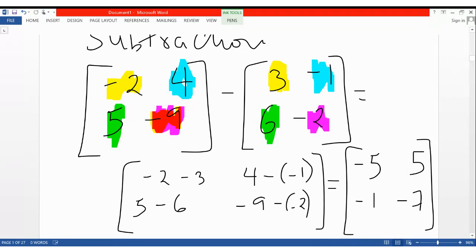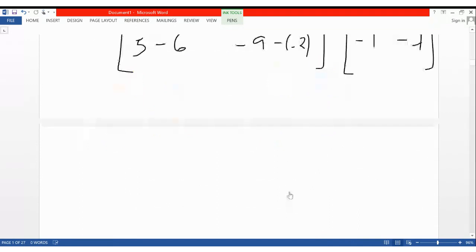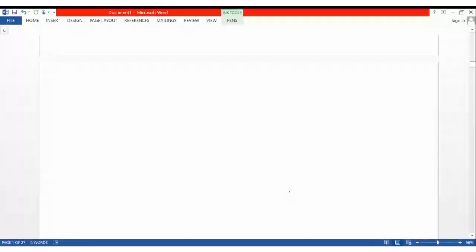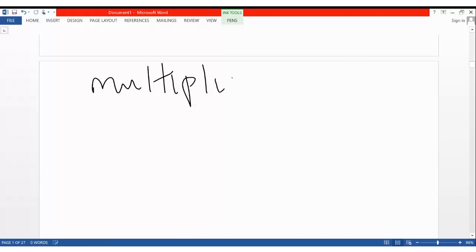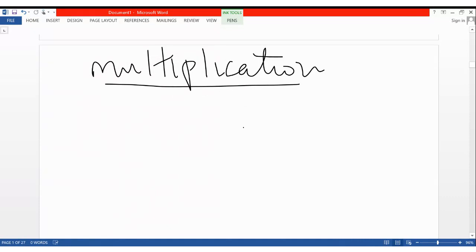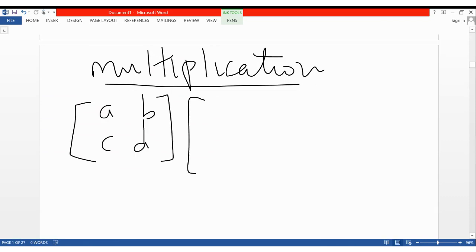So the final operation is multiplication. When you have basically a matrix, let's say A, B, C, D, and you multiply with E, F, G, H, you want to multiply those two matrices together.